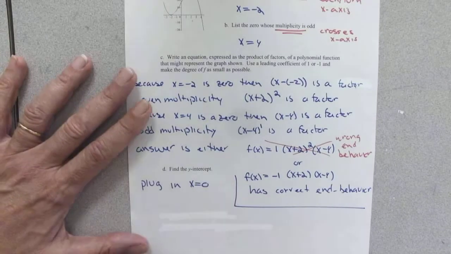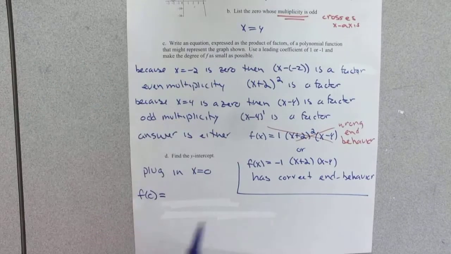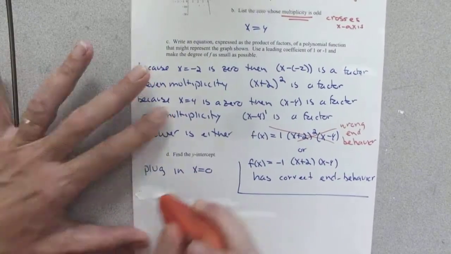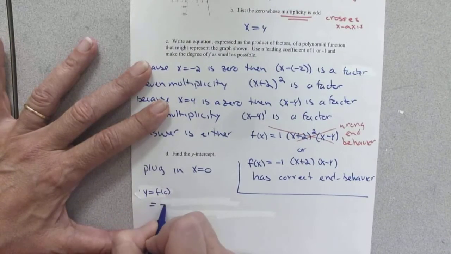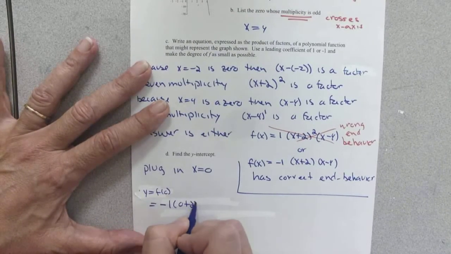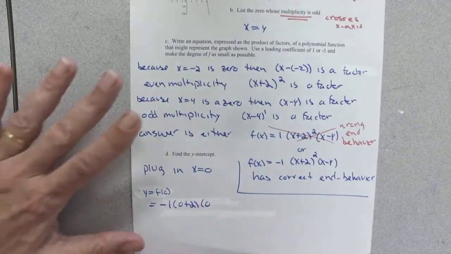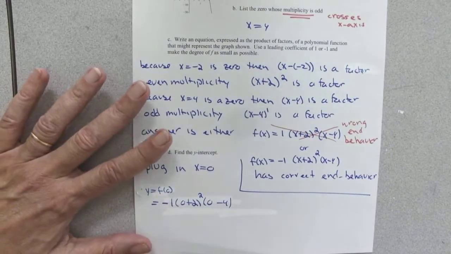Now the last thing we have to do here, find the y-intercept. Always plug in x equals 0, so f of 0. And so that'll be -1 times 0 plus 2, I'm forgetting an exponent there, 0 plus 2 squared, times 0 minus 4.